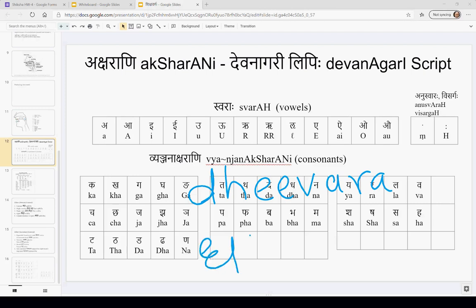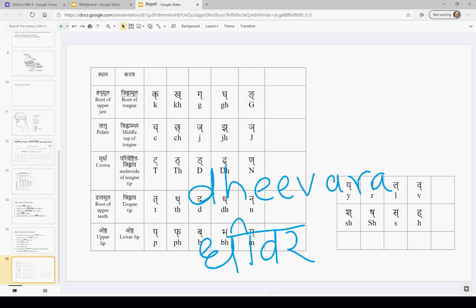Dhivara in Sanskritam, Dhi. Where is the Dha sound falling here? The sound is, yeah, right, at the root of the upper teeth. Dha, Dhivara. Dhivara means fisherman. Dhivara. So here also there is a long E here.